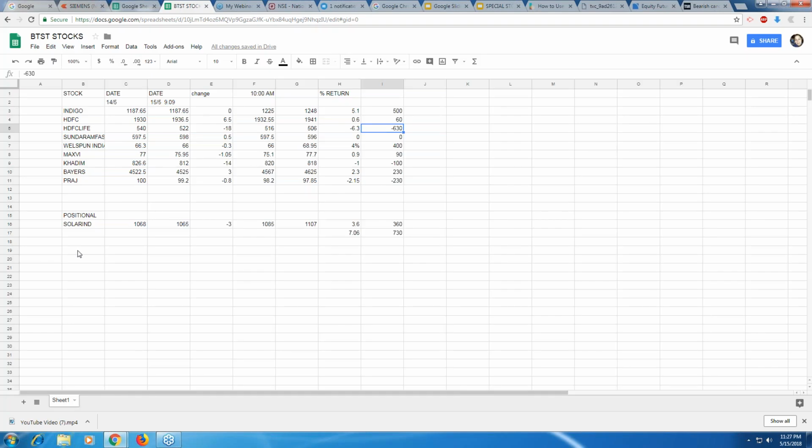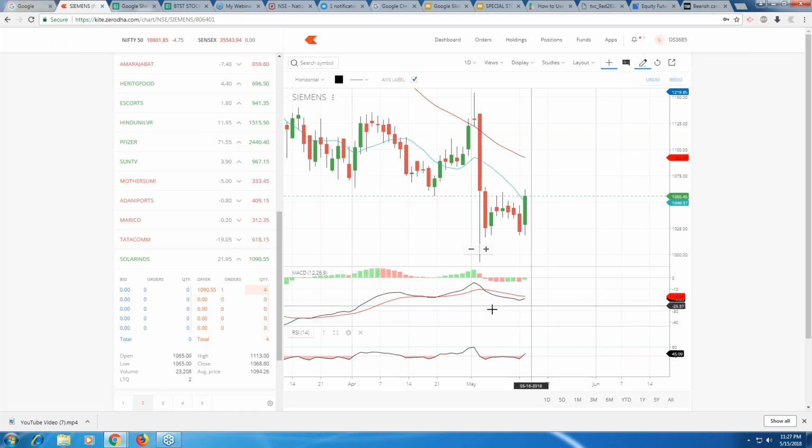So the first stock that I have on my radar is Just Dial, and the next stock that I have on my radar is Siemens. Right, and what are the values these two stocks have? Let's see that.